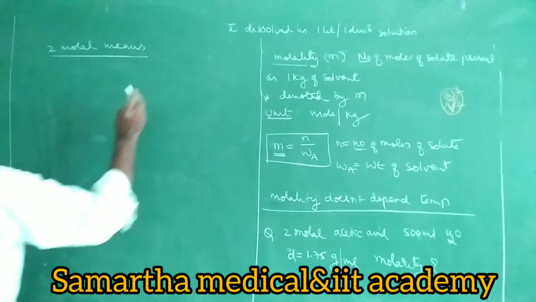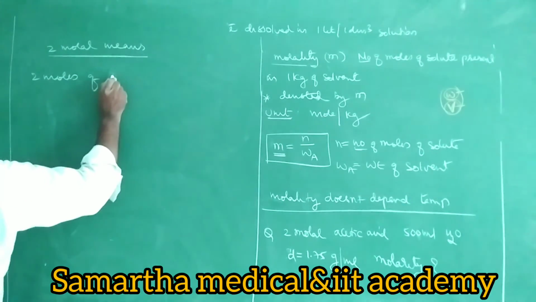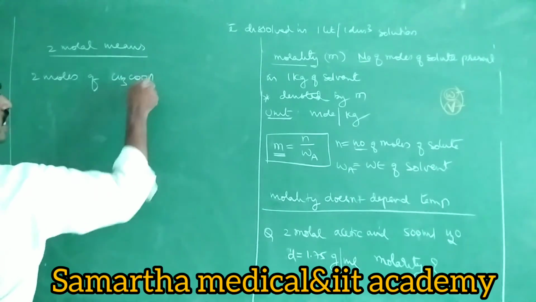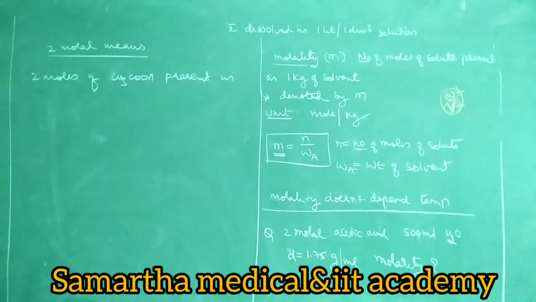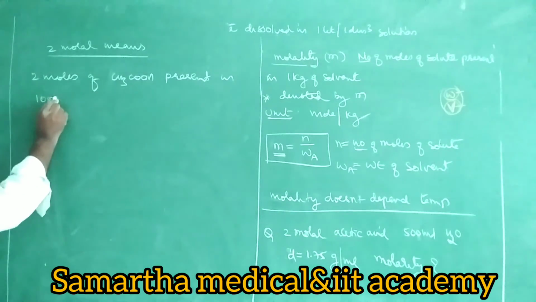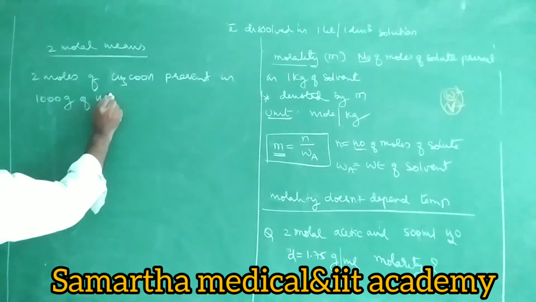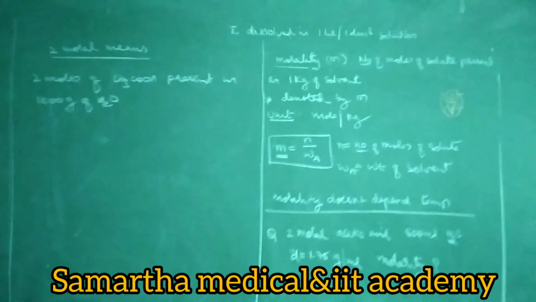It is 2 moles of solute, acetic acid, present in 1 kg, that is 1000 grams. So this is the meaning of a 2 molal solution.